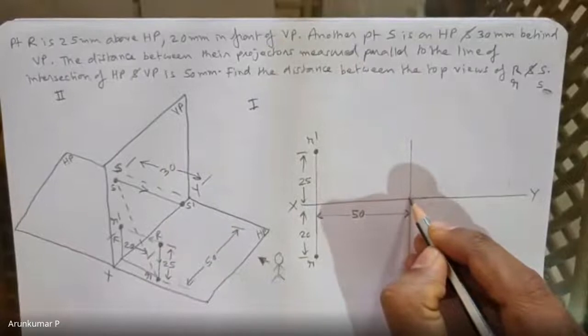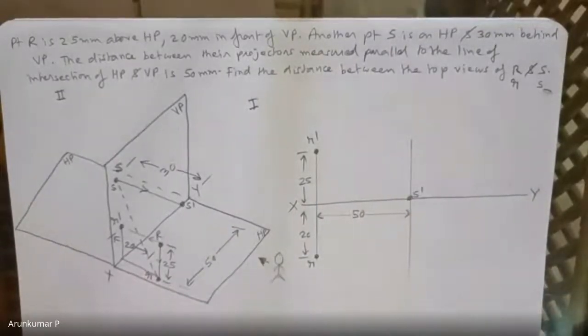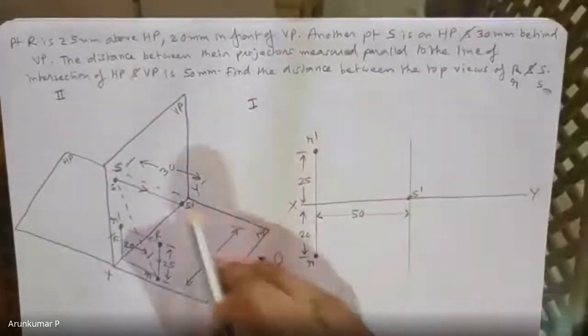On the XY line. So I'll draw the front view of S here. This is S dash. Where is the top view of S?